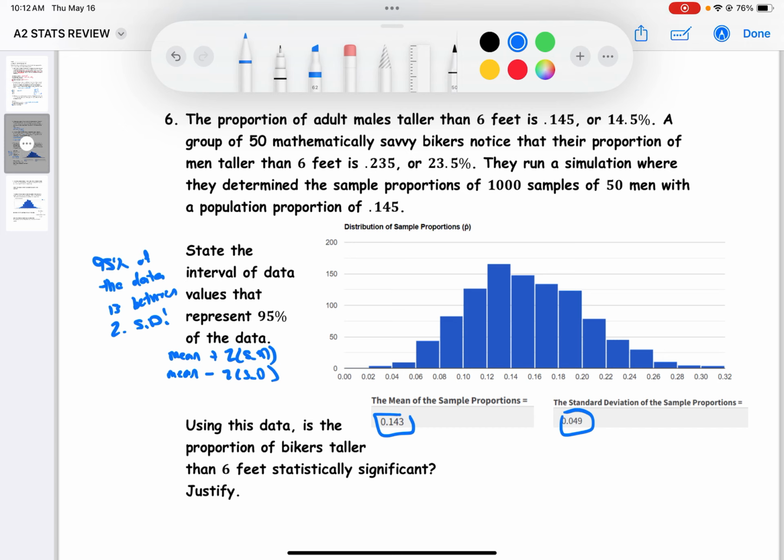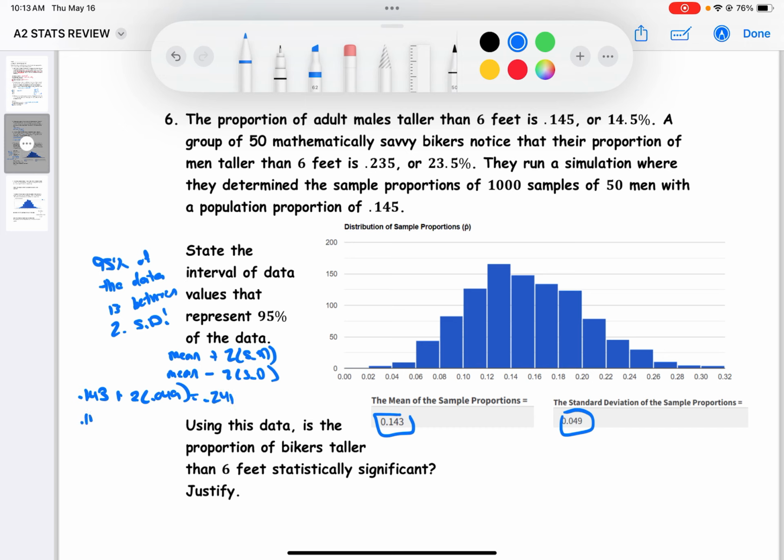So let's do 0.143 plus 0.049, which will be 0.192. Oh, wait, no, sorry. 2 standard deviations. We need 2 of them. 2 times 0.049 equals 0.241.